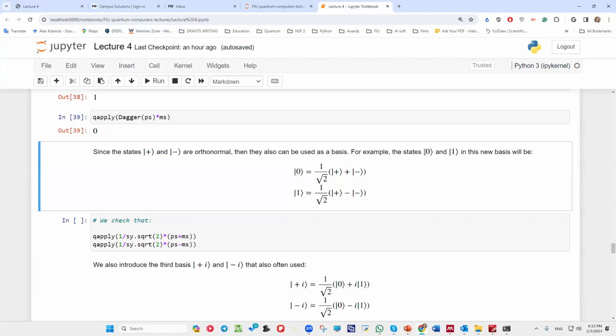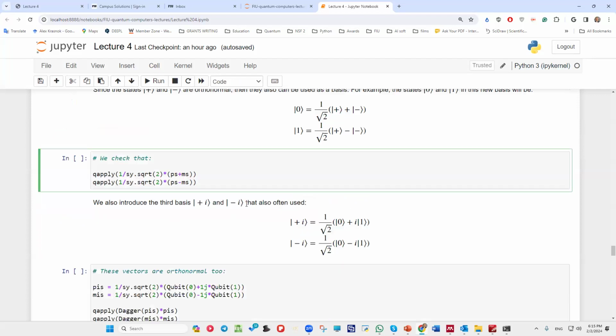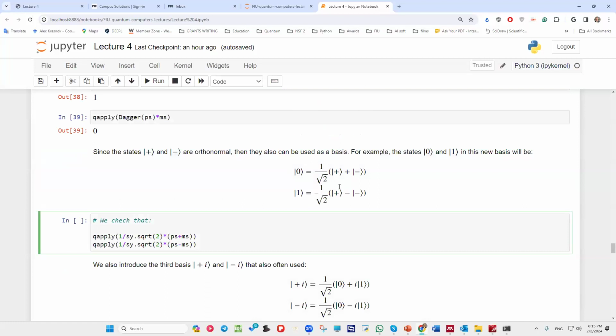And of course, if I work in the basis plus minus, I can change the basis and go to the basis 0 and 1. These are the formulas for how I do so, right? I can represent the state 0 through the constructive superposition of states plus and minus, and state 1 as a destructive superposition of states plus and minus. Yes, and let's check these two formulas.